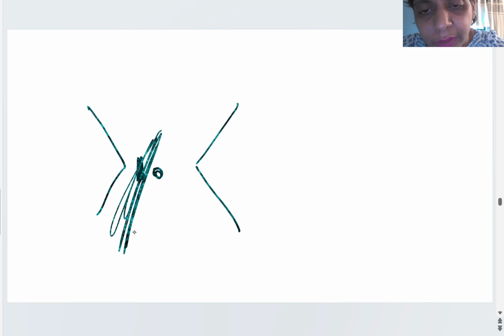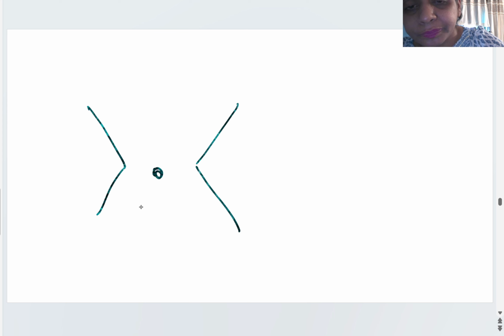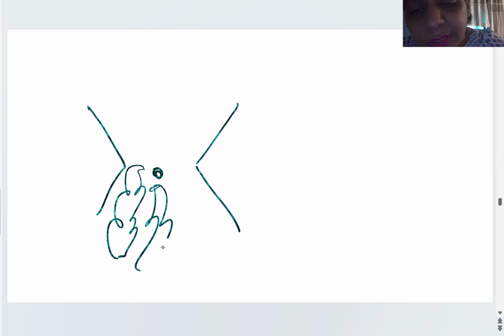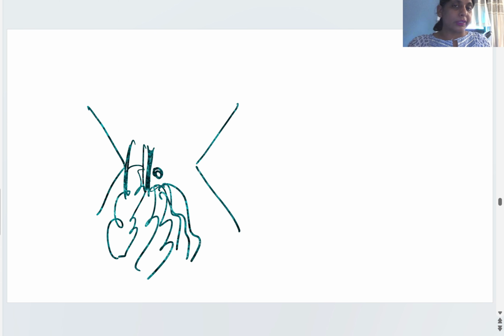Here everything is getting herniated. Let me draw properly. All the intestine comes out. Sometimes the liver also comes out from the right side hernia. This is known as gastroschisis.